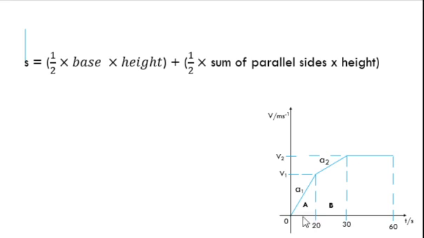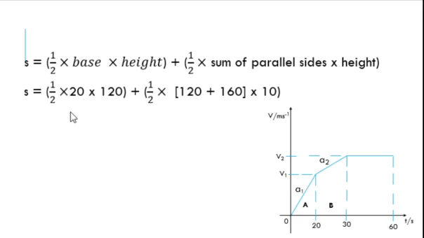For the triangle, the base is 20, height is V1, which is 120. So half times 20 times 120, plus half times the sum of parallel sides, V1 120 plus V2 160, times height, which is 30 minus 20, that gives me 10.